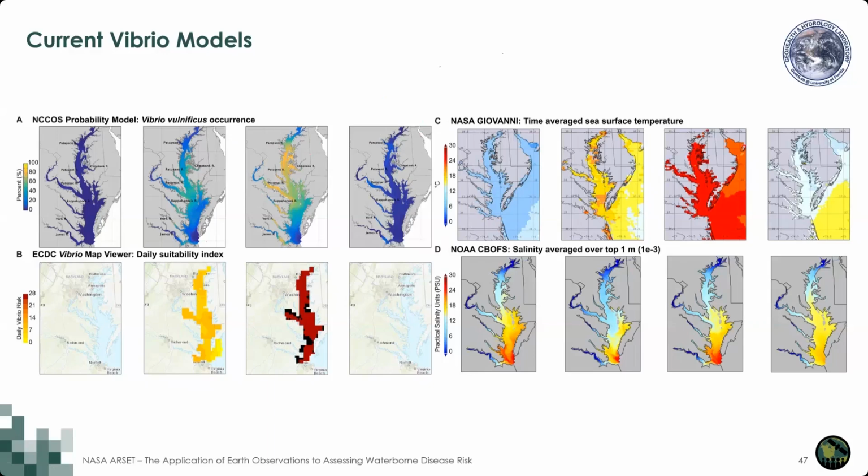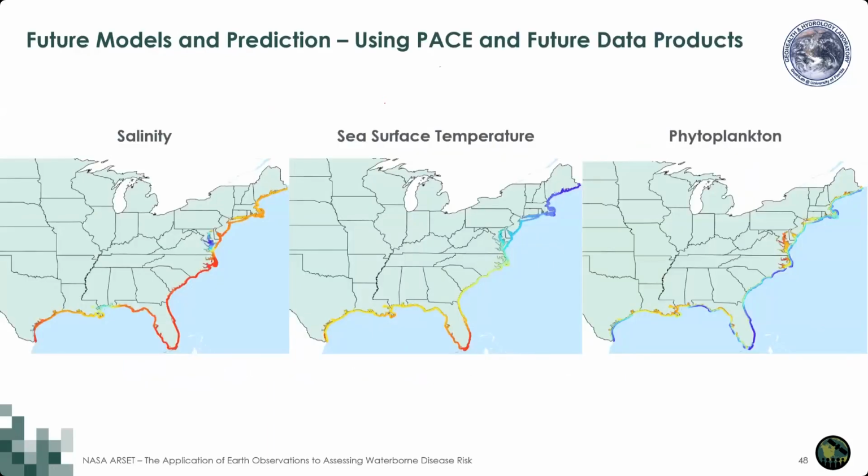And we are very confident that the PACE products are likely going to be helpful for us to build future models for Vibrios all along the eastern coast of the U.S. So in this one, you are seeing the sea surface temperature and the plankton activity that is provided by PACE satellite sensors.